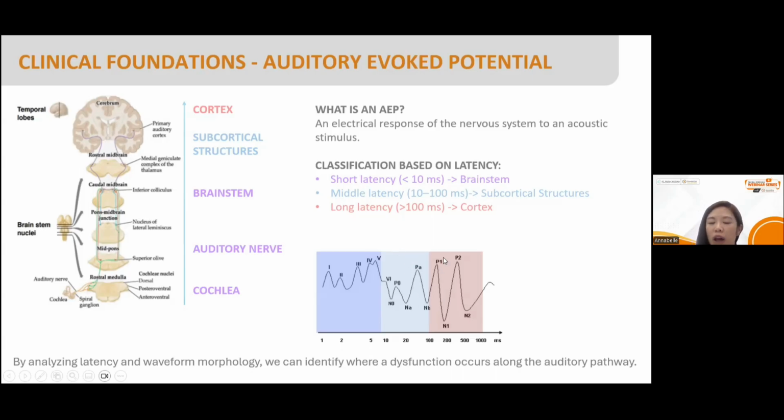We also check the waves. And for the cortex, the long latency is P1, N1, P2, and N2. We measure all these, analyzing these figures so that we know what's happening when the sound goes through the auditory pathway.